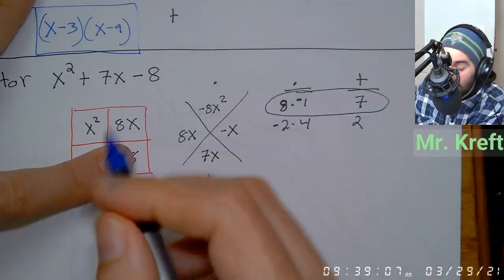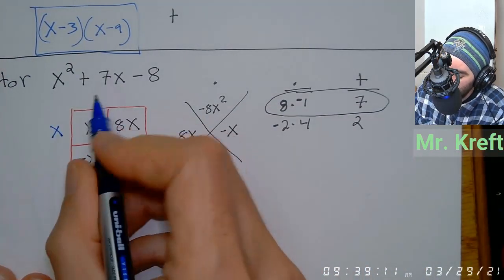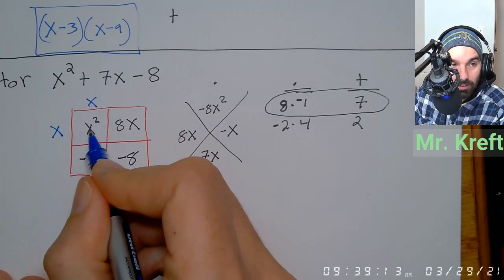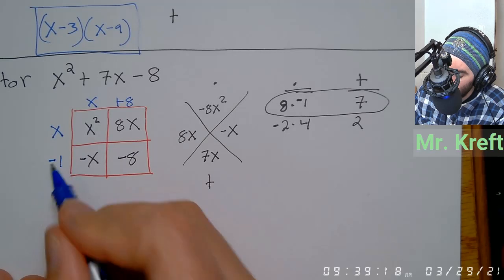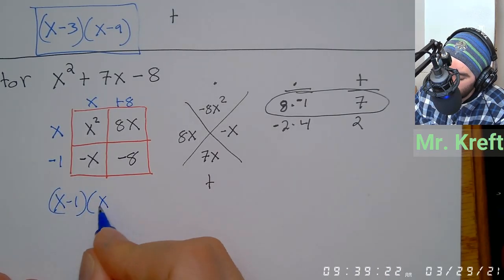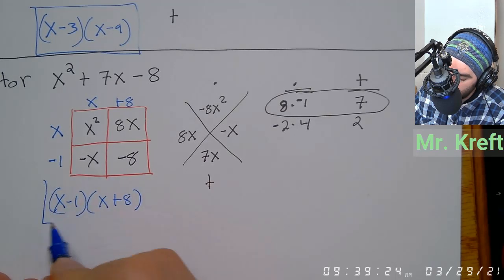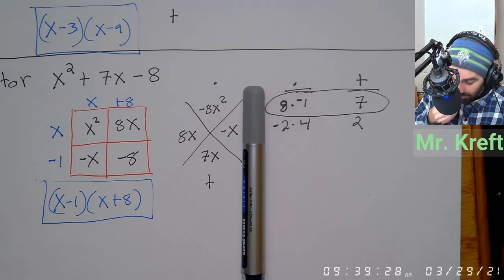I'm going to factor out what I can here. Since this doesn't have an 8 term, this is x. X times x is x squared. And then I have plus 8 and -1. So my answer would be (x - 1)(x + 8). Like that.